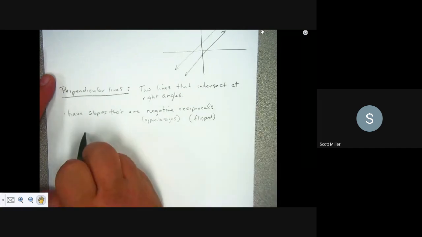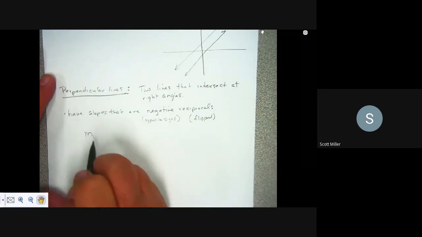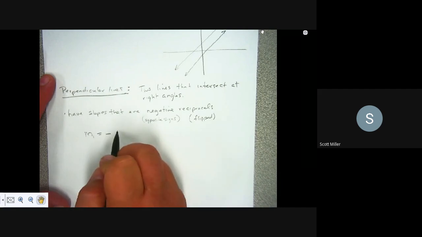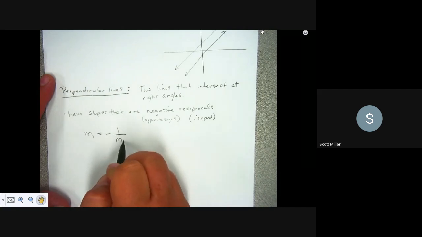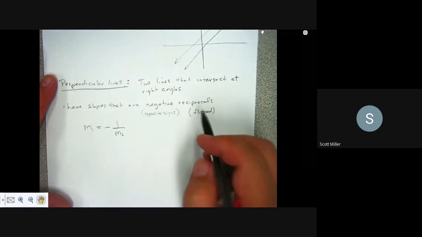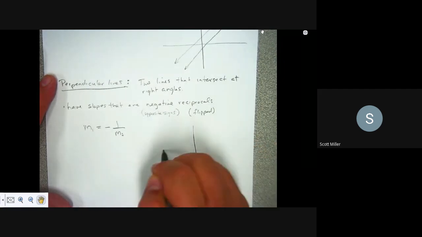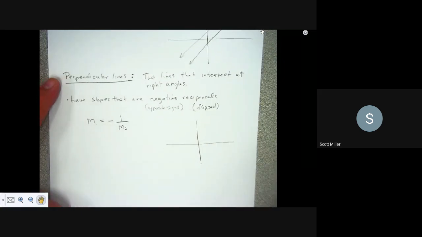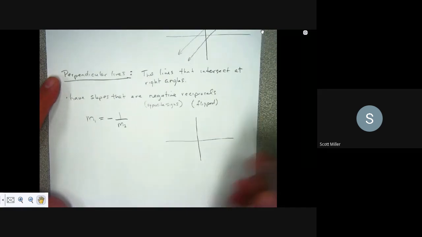So if I have a slope for one line, then it will be equal to the negative reciprocal of the other one. So you flip it over and you change its sign. From a graphing point of view, well, the XY axes are indeed perpendicular lines. But if I have a line that does this, then I have another line that would look like this.